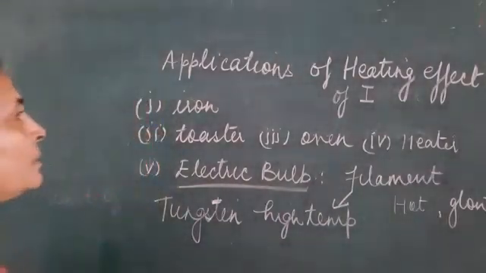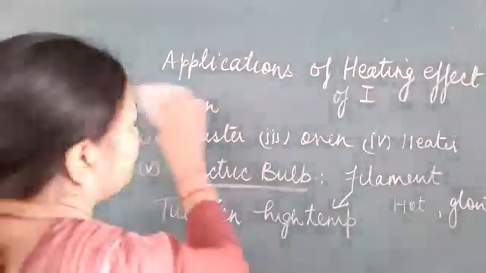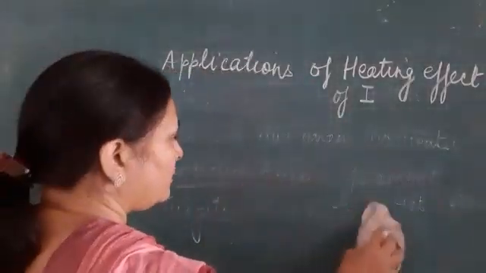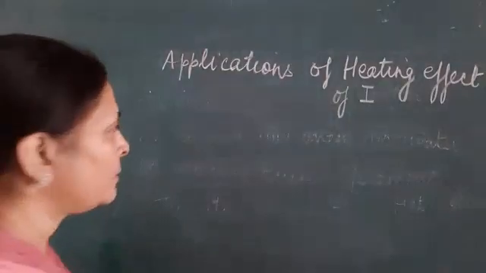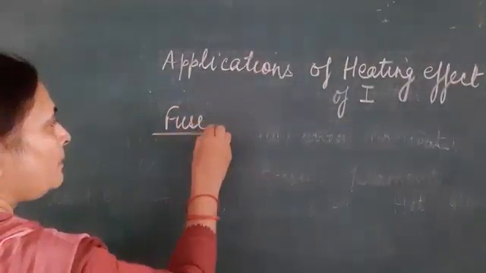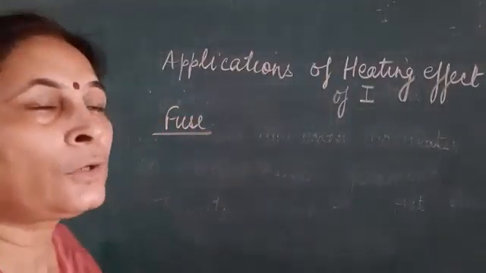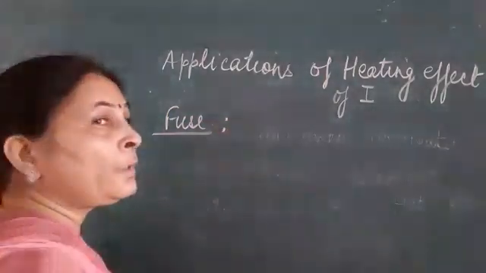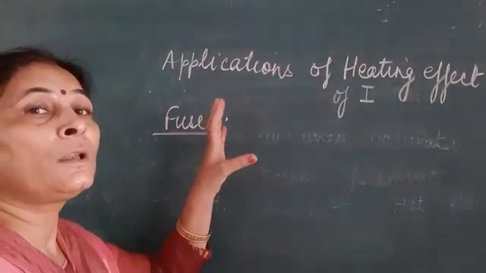One more application is the fuse, which is specifically explained in your syllabus. Fuse. This is a very important device. This fuse we will talk about in the next chapter also. How does it work? The very first thing is, what is it?